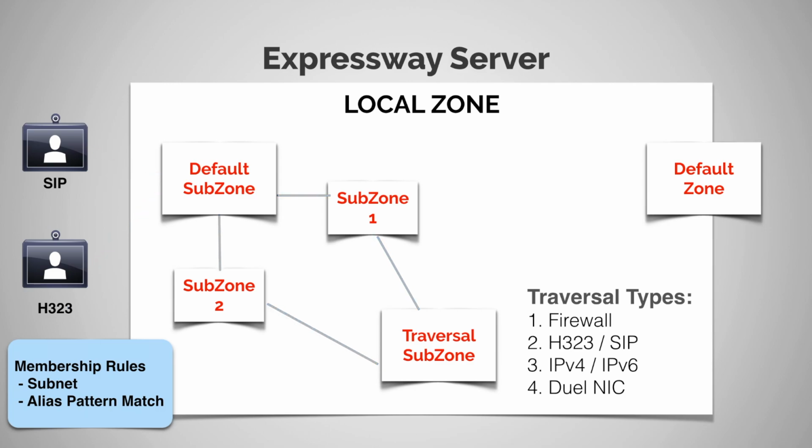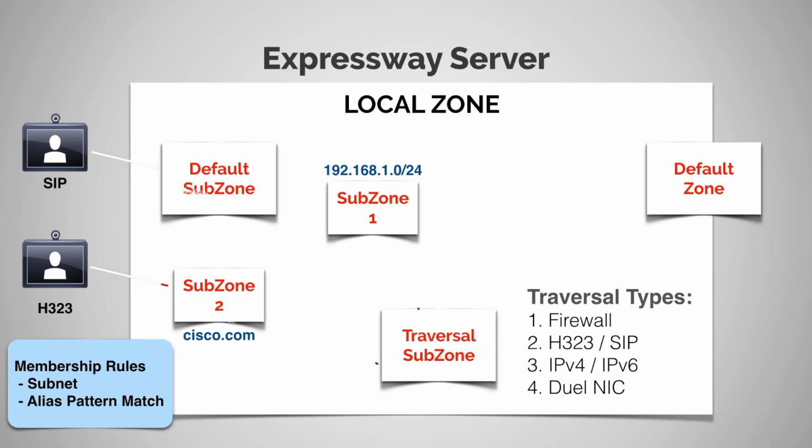So for example, I could configure subzone 1 to match any endpoint with 192.168.1.0/24, for example. And then I could configure subzone 2 to match a suffix, for example, cisco.com. And again, if you have an endpoint that doesn't match any of these rules, it's just going to register to the default subzone. That's where an endpoint will register by default.